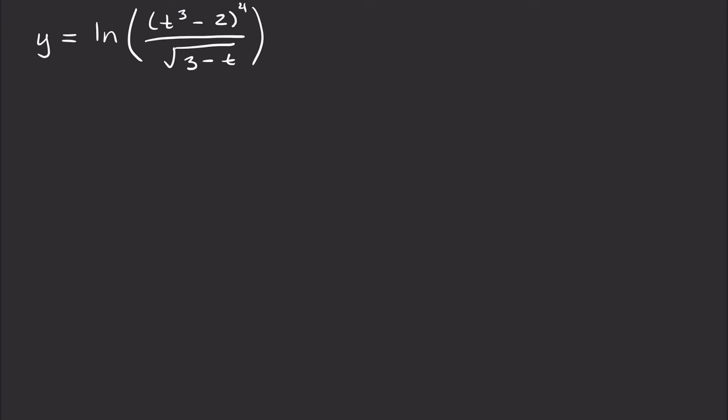Okay, our next function, we have y equals the natural log of (t cubed minus 2) all to the 4th power, all divided by the square root of 3 minus t. So as always, we want to rewrite this so we have the natural log of a quotient. So we can write that as the natural log of the numerator minus the natural log of the denominator.